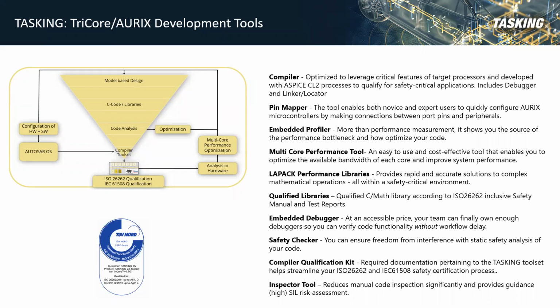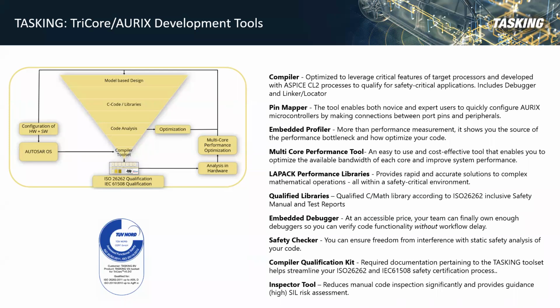Here you can see an overview of our product portfolio. For software development, for example, we are offering the Tasking VX toolset, consisting of a compiler, linker, locator, and a simulation debugger developed according to ASPICE Level 2 and also TÜV certified according to ISO 26262 up to ASIL-D. In addition, with the latest qualification kit, Tasking is now also supporting the IEC 61508 up to SIL 4 for industrial applications.